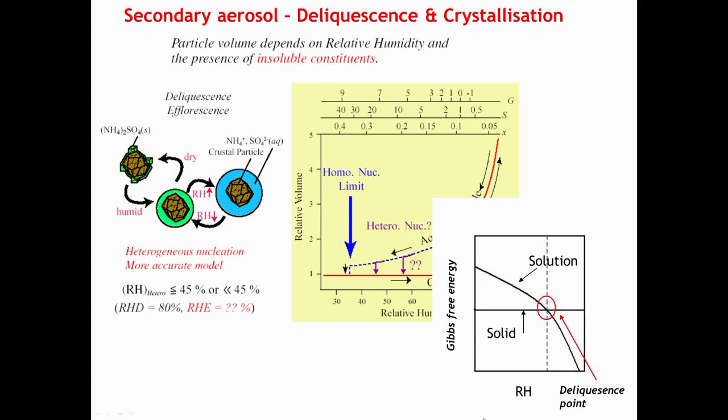Generally, the free energy of the system, varying as a function of relative humidity, says at the deliquescence point you can move from a solid to a liquid. But as you reduce the relative humidity, you can go beyond the free energy equilibrium position until you crystallise out, depending upon how many impurities there are in the sample.